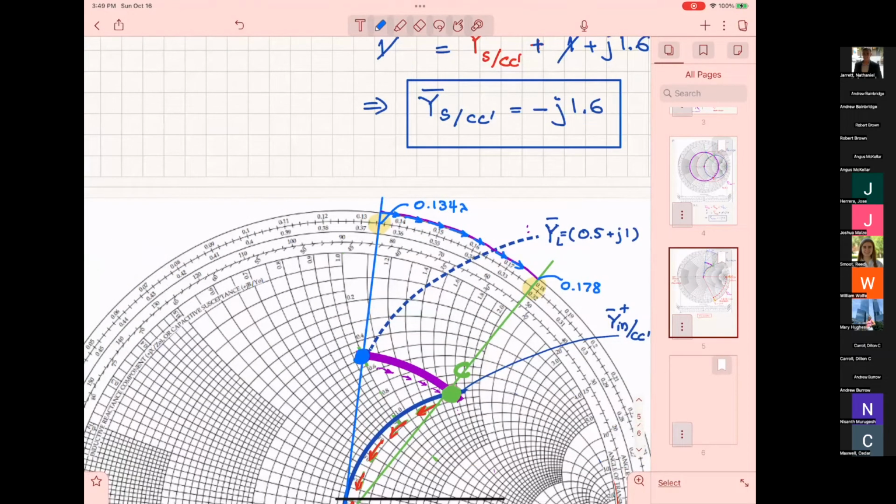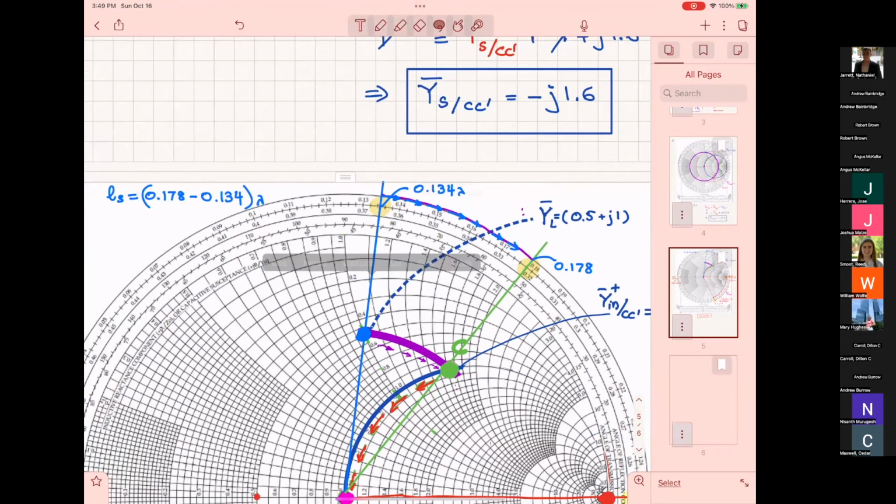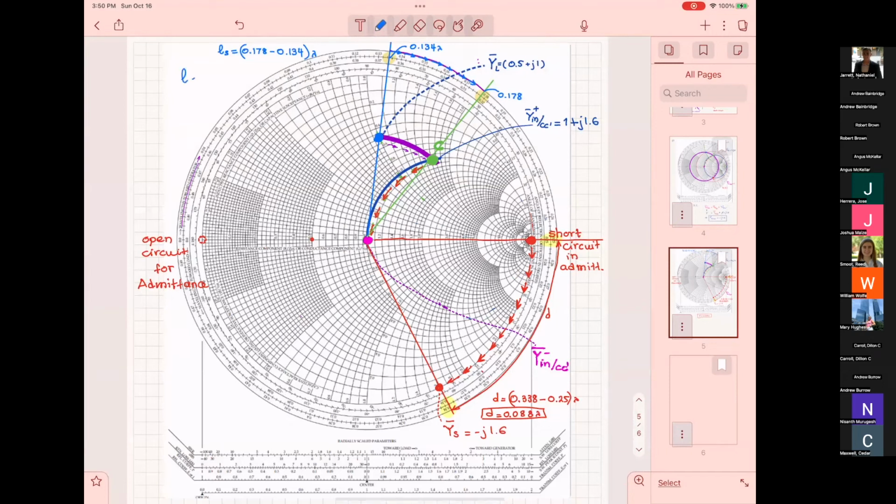So then I have that L sub s equals 0.178 minus 0.134 lambda, which gives me that L sub s equals 0.044 lambda. So now I found the two lengths that I needed.